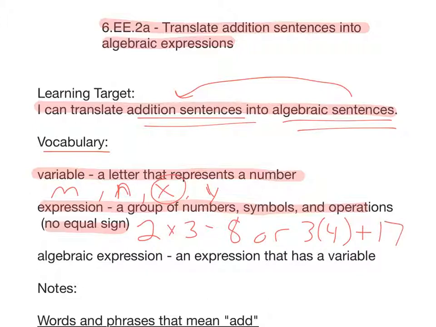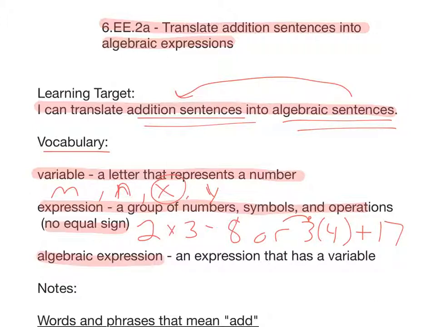When you see a number in front of parentheses like this 3, that means you're multiplying 3 times 4. Okay, so anytime numbers are next to each other like that, it's multiplication. That's an important thing to know. Those of you that are zoning out right now are going to miss that. Wake up.